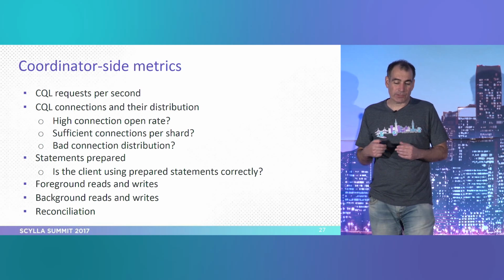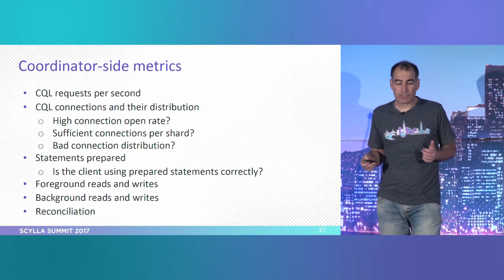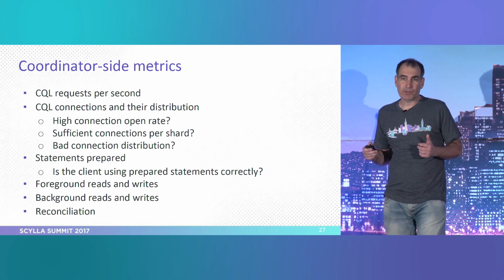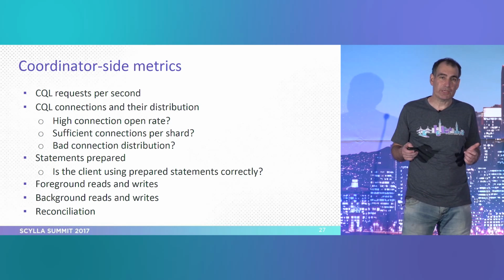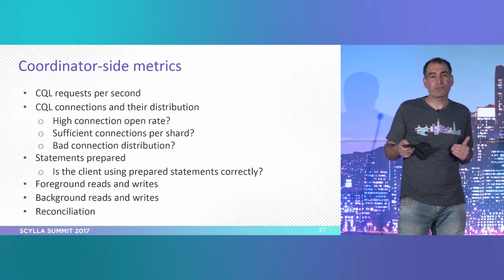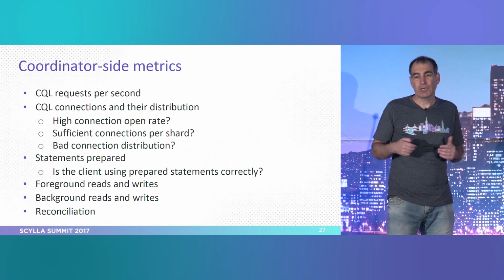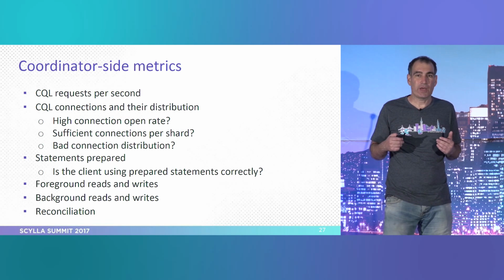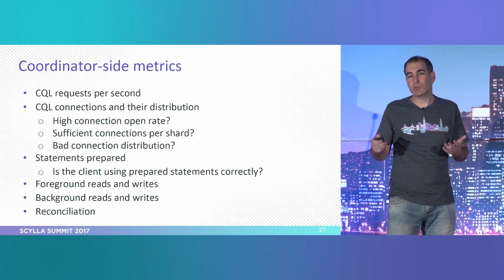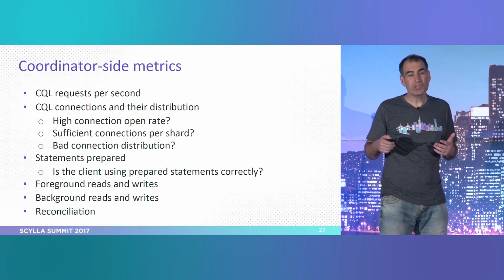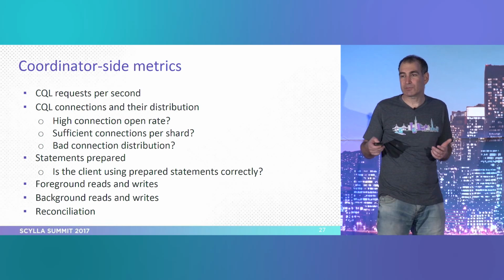There are some metrics that are designated storage proxy metrics, and the important ones are the foreground reads and writes and the background reads and writes. The difference between foreground and background is whether we've already achieved the results that we want to send back to the client. When the query starts, it's in the foreground. We start to collect responses from different replicas.